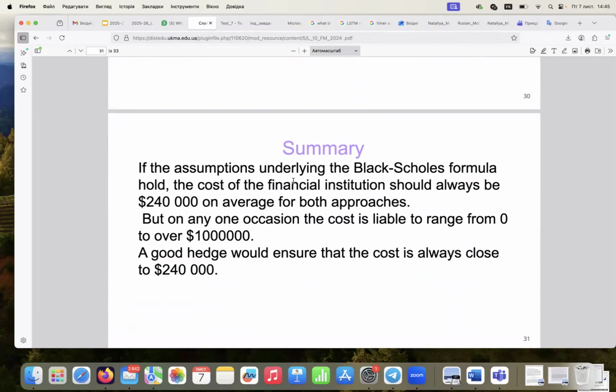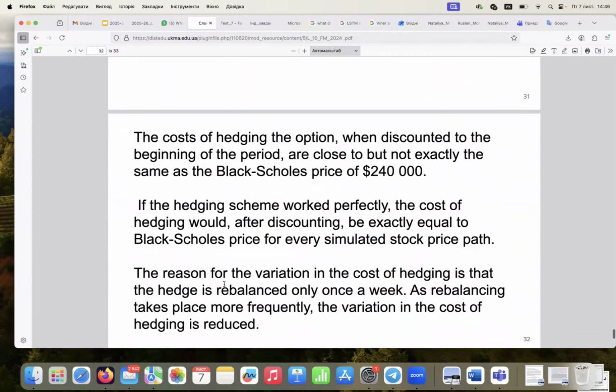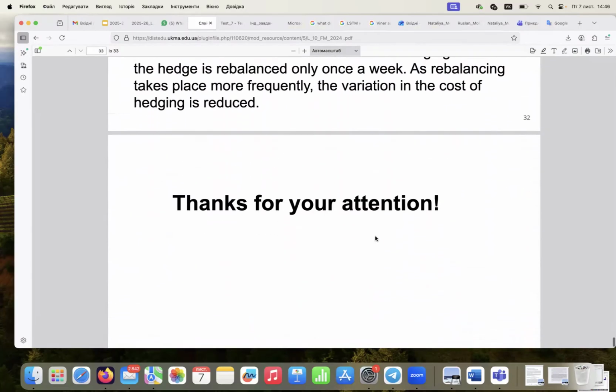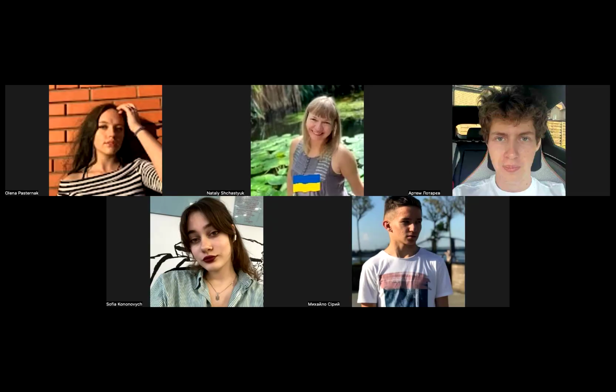We can say that if the assumptions underlying the Black-Scholes formula hold, the cost to the financial institution should always be 240,000 on average for both approaches. It is like a good hedge. The cost of hedge with discount is the same. Okay, that's all I would like to tell you today.